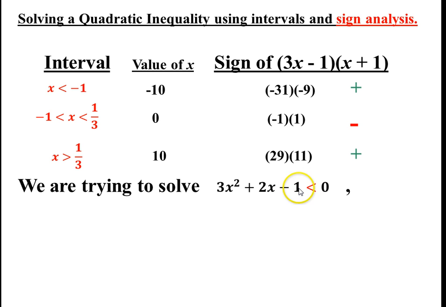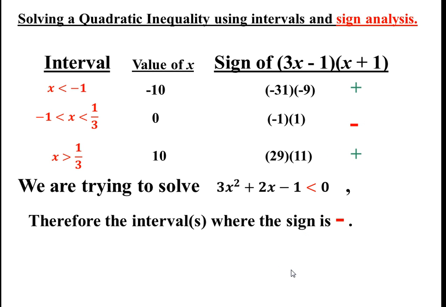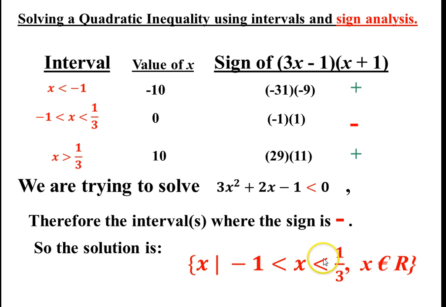A negative sign means it's less than 0. So the only interval that's going to satisfy this inequality is between negative 1 and positive 1/3. So that's the interval we want as a solution. Therefore, the interval where the sign is negative is between negative 1 and positive 1/3, and that's how we'd write that solution.